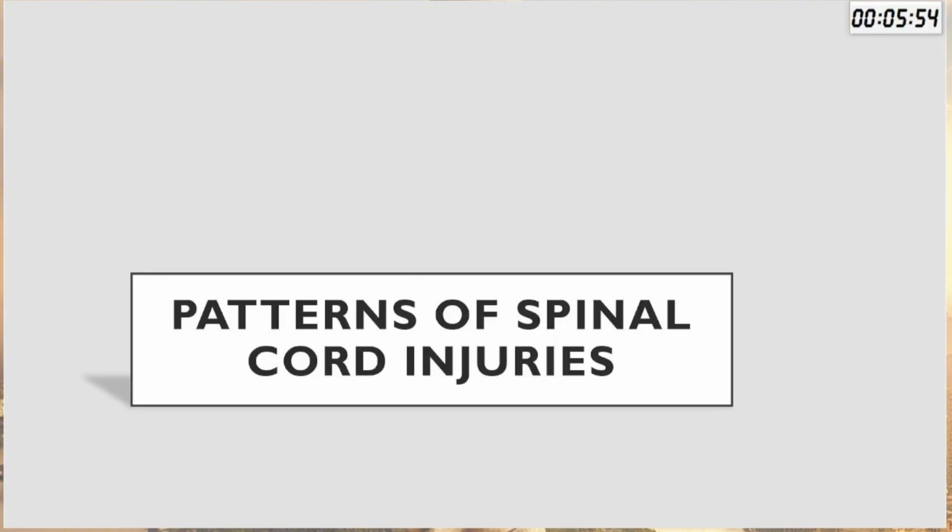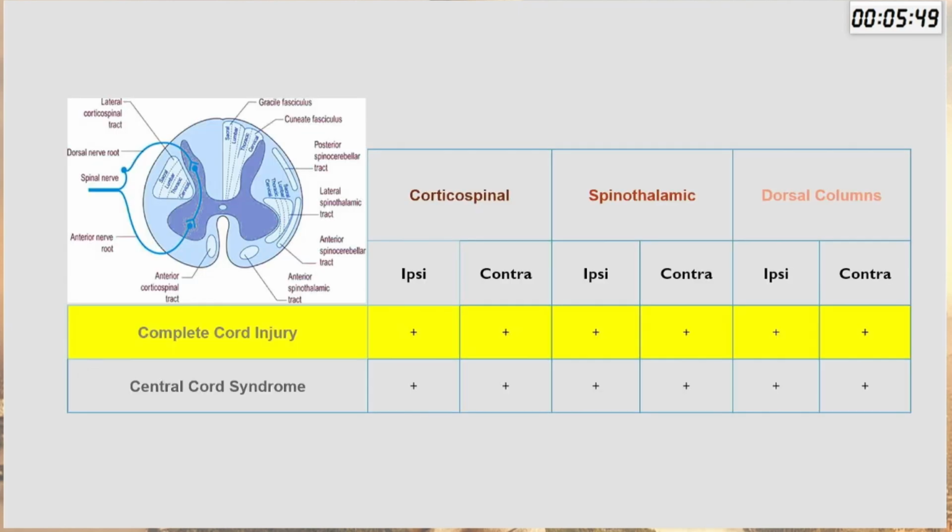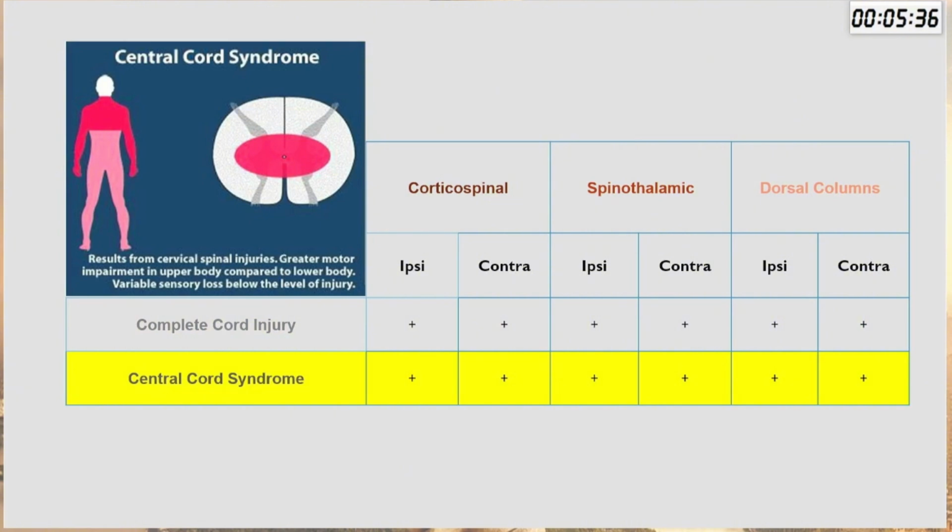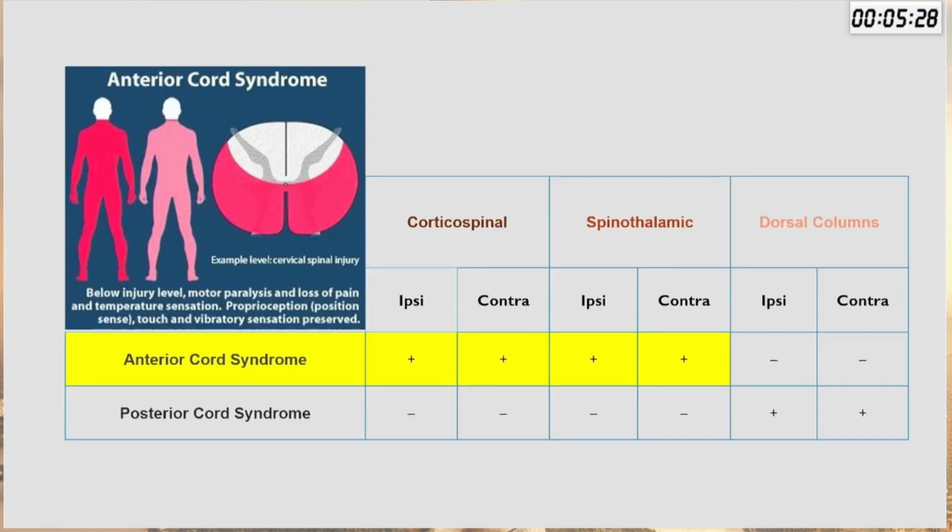Now, with respect to the different patterns of cord injuries that we need to know, I will cover them very quickly. We have the complete spinal cord injury, where you have bilateral affection of the corticospinal tract, spinothalamic tract, and the dorsal column. The central cord syndrome, again, we will have bilateral affection of the corticospinal, spinothalamic, and the dorsal column.